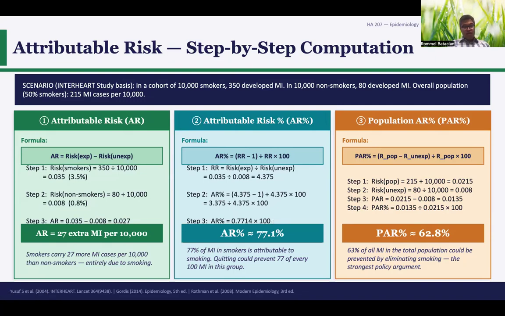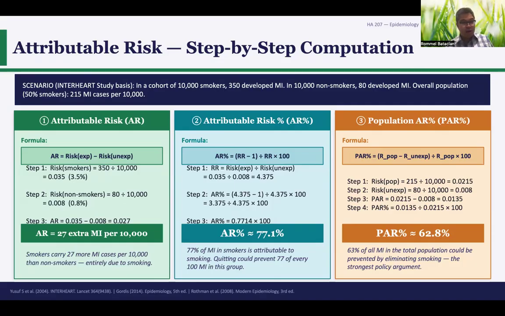So the interpretation here is that 77% of myocardial infarction in smokers is attributable to smoking, which is relatively high. And quitting could prevent 77 of every 100 myocardial infarctions in the smoking group. So this is a very compelling public health argument for smoking cessation programs, not just in hospitals, but also in the community setting.